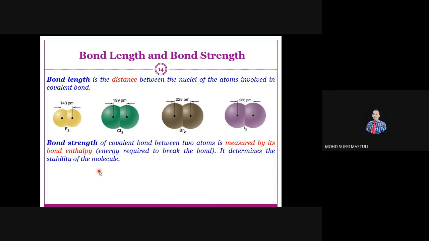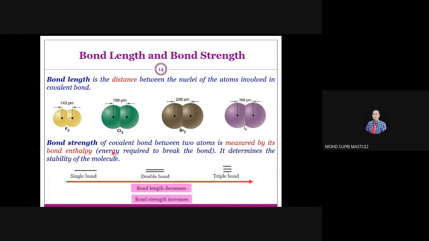Just remember the comparison in terms of length or strength between the single bond, double bond, and triple bond.